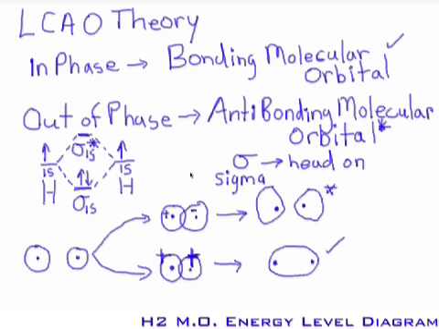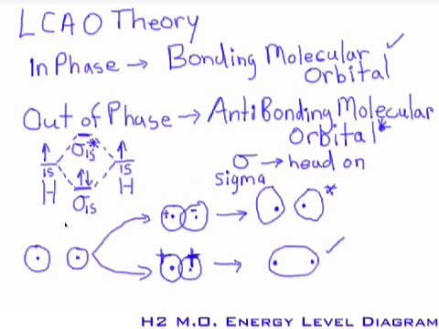Now, when we bring atoms together like this, we have to remember some basic rules. What are those rules? First off, no matter where or how you mix atomic orbitals, the number of atomic orbitals you start with must equal the number of molecular orbitals.